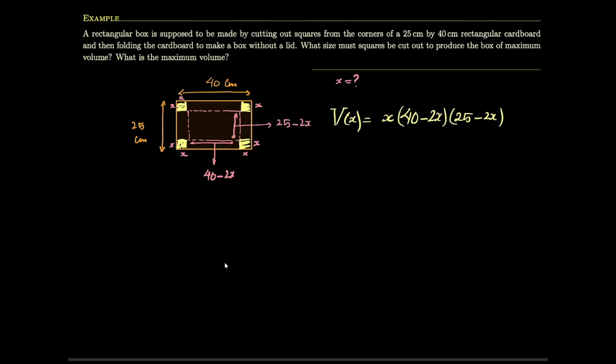But what is the limitation for x? Of course, the minimal value is probably 0, but if you don't cut anything at all, you don't have the box in principle, you have just the plane. Or we can say it is a degenerate box. It can't be bigger than 12.5? Yes, you are right, so it is 25 over 2.